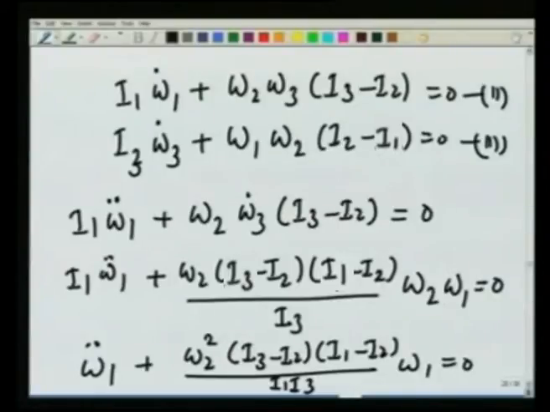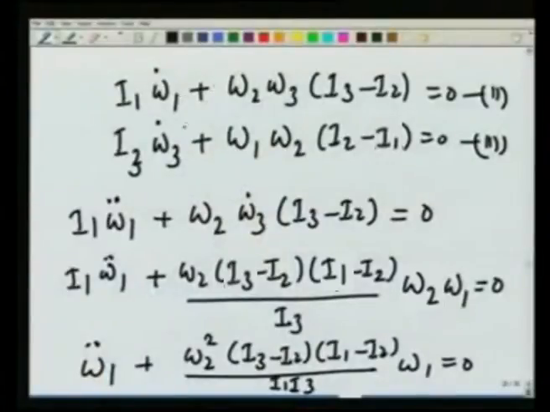So what we did is really differentiate equation 2 once more and substitute for omega 3 dot from equation number 3.